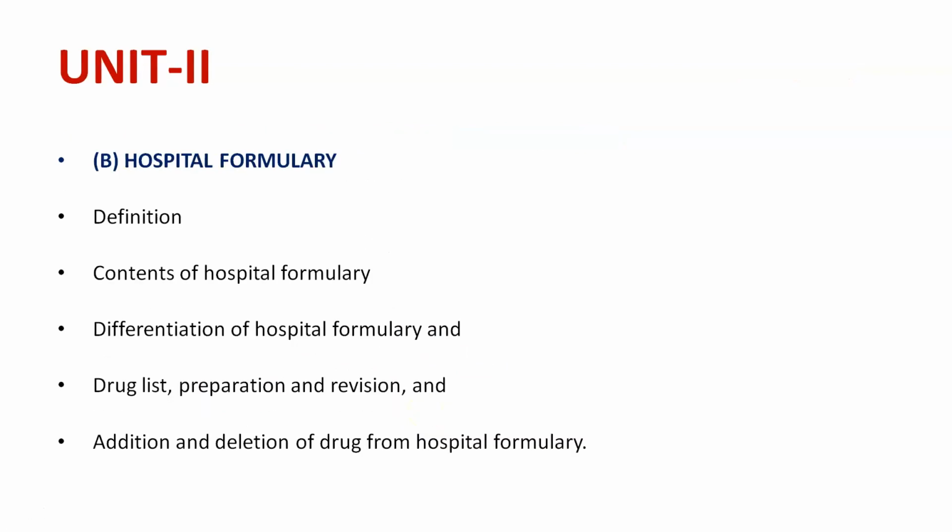Under Unit 2, under subheading Hospital Formulary, we'll be studying the definition, contents of hospital formulary, differentiation of hospital formulary and drug list, preparation and revision, and addition and deletion of drug from the hospital formulary, what are all the conditions, what is the criteria for addition and deletion.